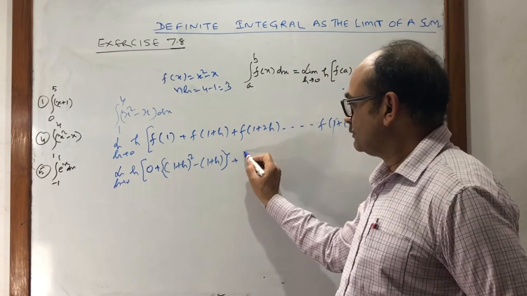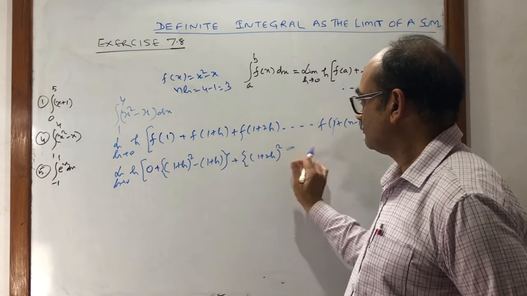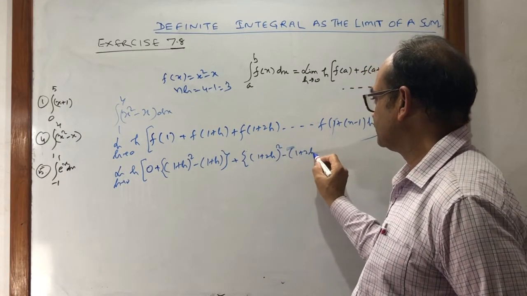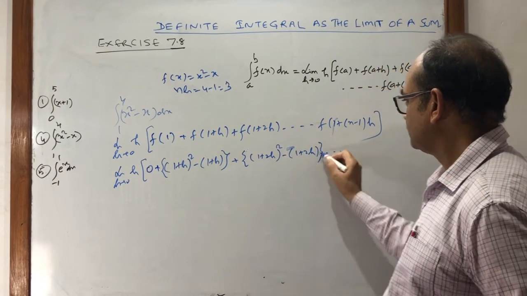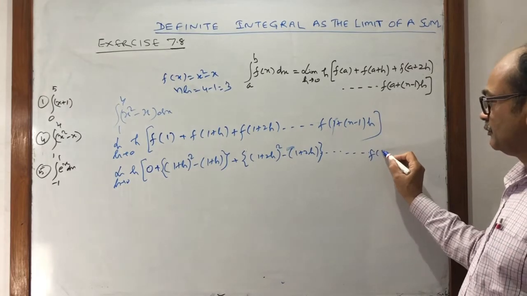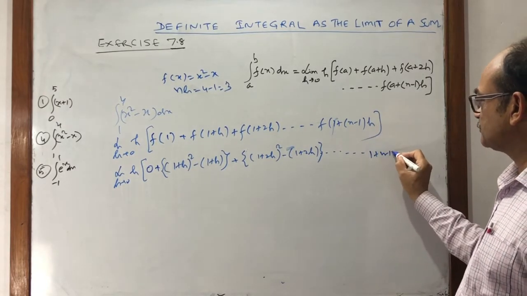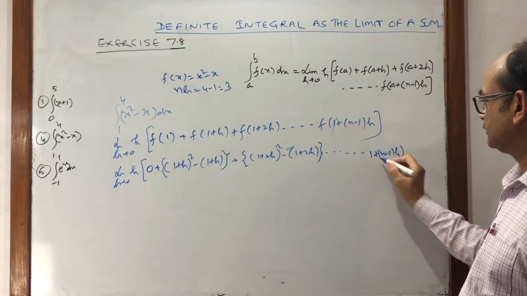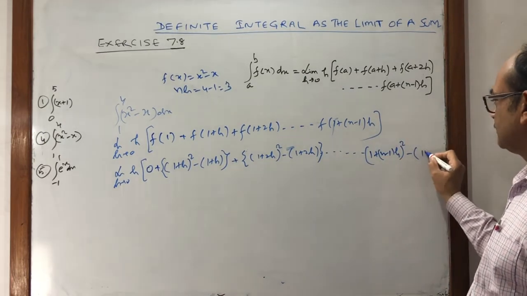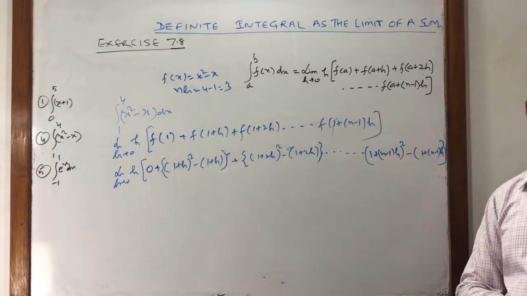Third part, 1 plus 2h square minus 1 plus 2h, and so on. We continue till the last, f of 1 plus n minus 1 h the whole square minus 1 plus n minus 1 h, is the last step.